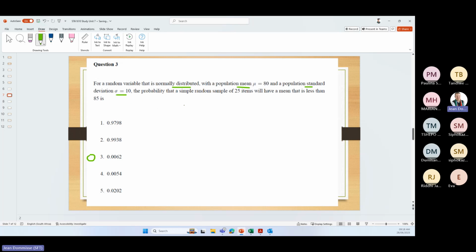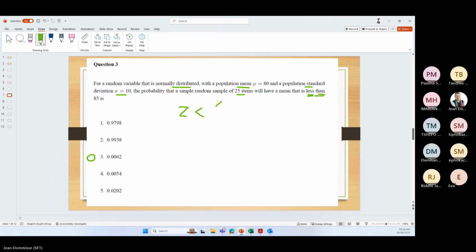Then the probability that a simple random sample of 25 items will have a mean that is less than. Okay, so that is now the second layer of importance: are we using the smaller sign or bigger? Less than is smaller.